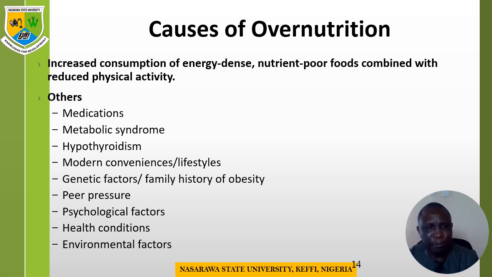So there are modern conveniences. Then genetic factors or family history of obesity. If somebody has been obese along our family line, we are likely to become obese. Then peer pressure, psychological factors, health conditions, and environmental factors.